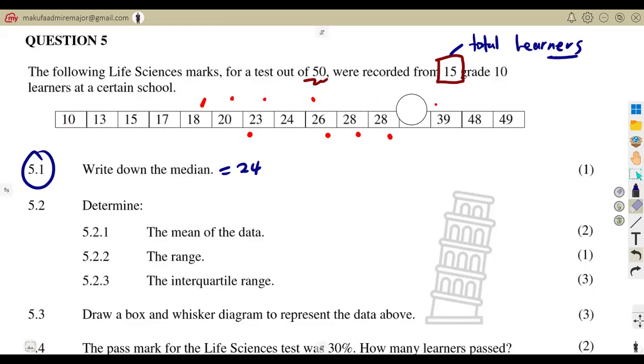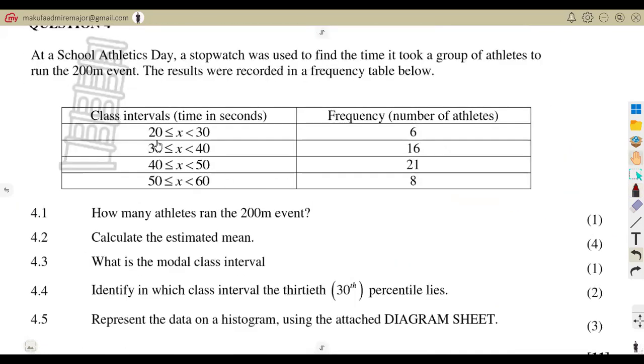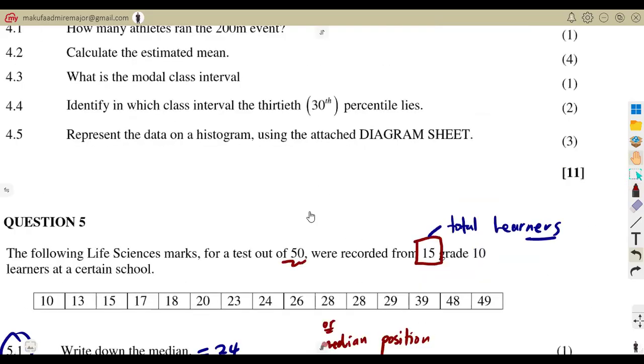But let's say you need a calculation. How are you going to do it? You are going to determine first what is referred to as the median position. Remember, it is the same as what we had before, only the difference is that that data was grouped. The data that we have here is not grouped. You're just given it randomly.